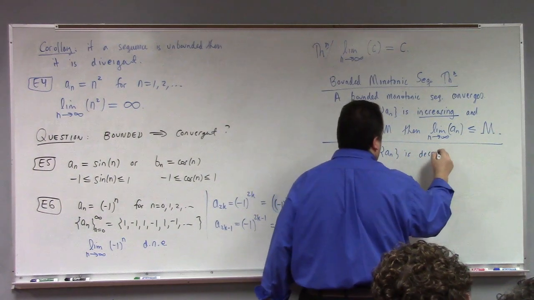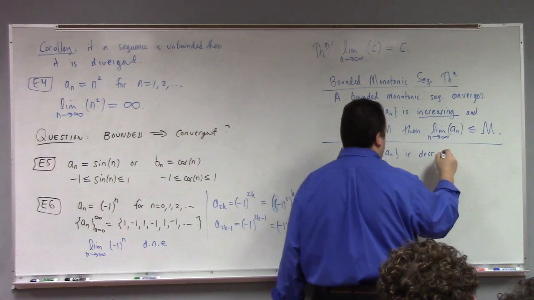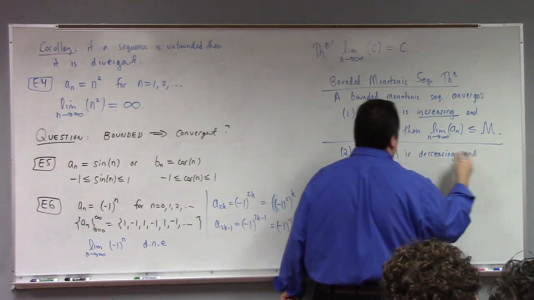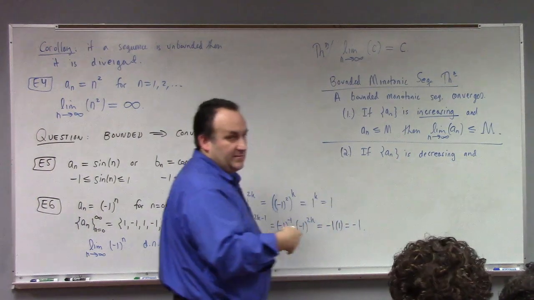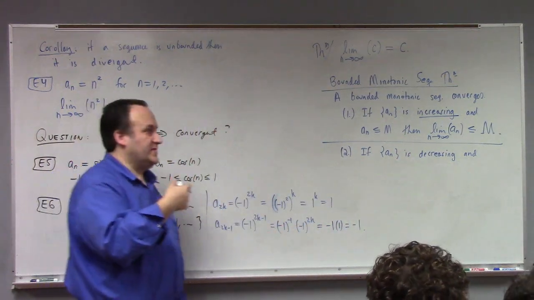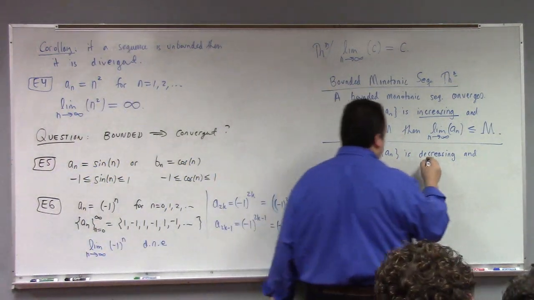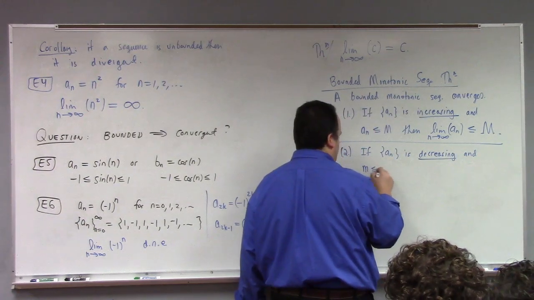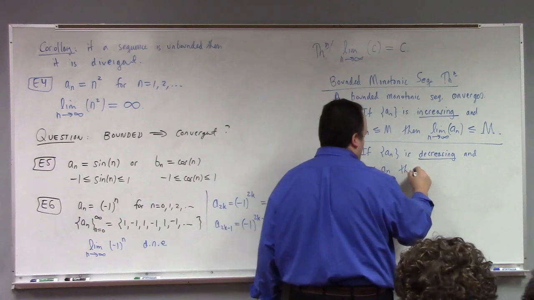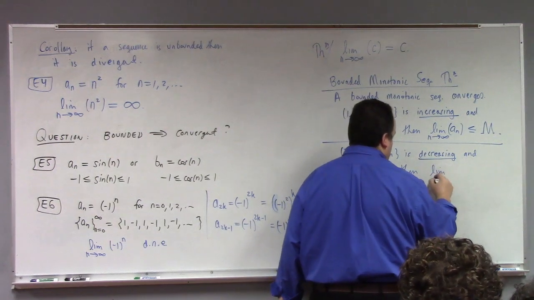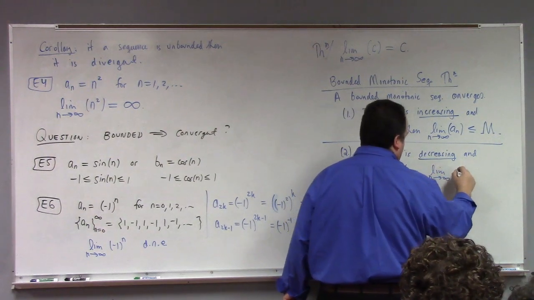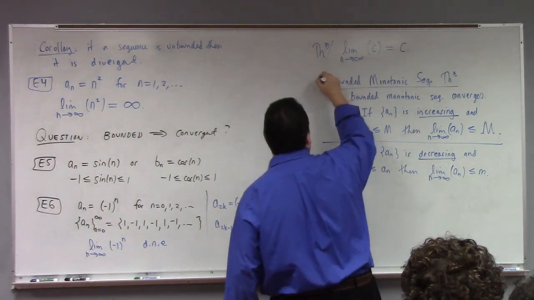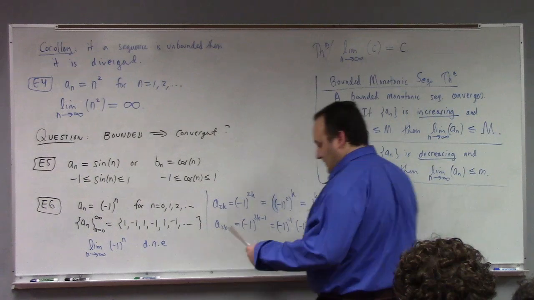This is a hint: I've said part 1 is increasing, and part 2 is decreasing. So what do you think monotonic means? It's either increasing or decreasing. So if it's decreasing and you have m less than or equal to a sub n, then the limit has to be greater than or equal to that. So this is the bounded monotonic sequence theorem.